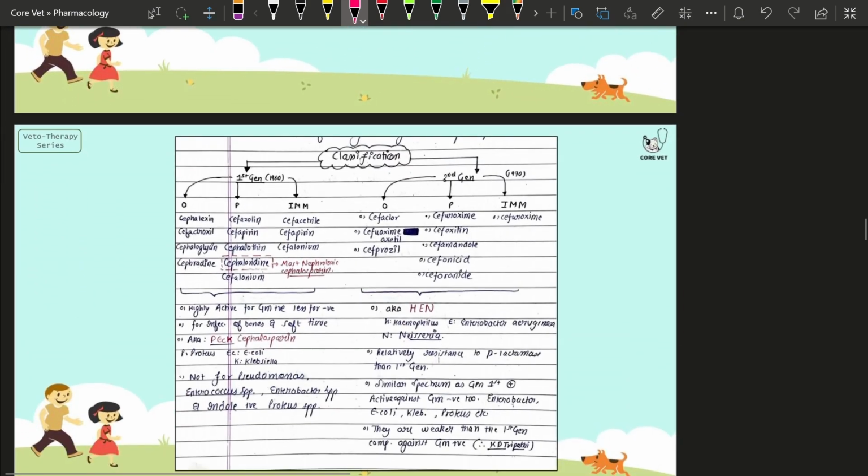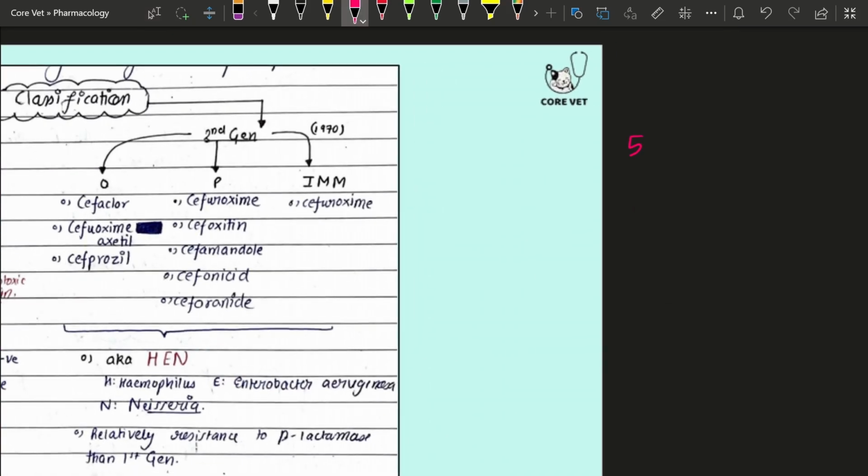So if we come on to the classification, let me tell you, in total we are going to study the 5 generations of cephalosporin, right?